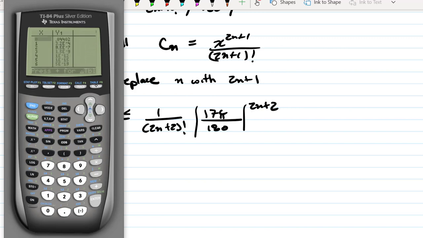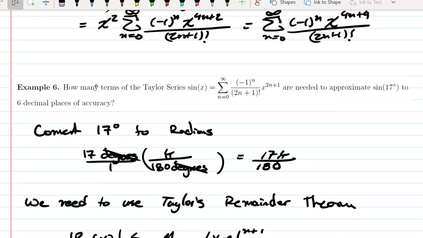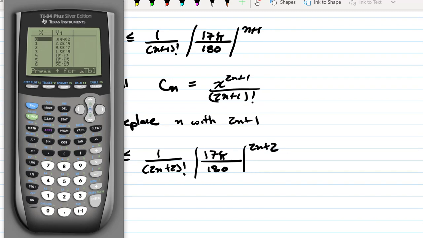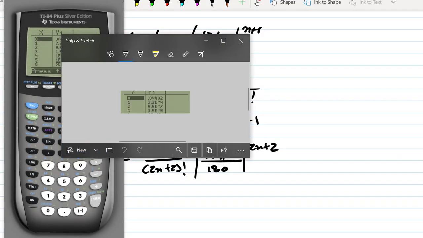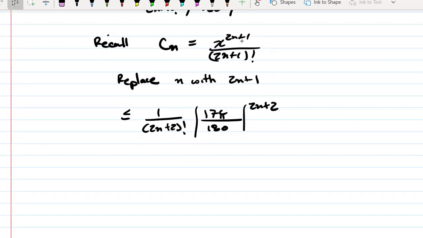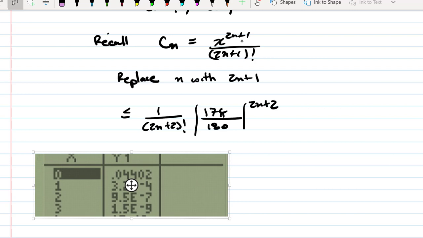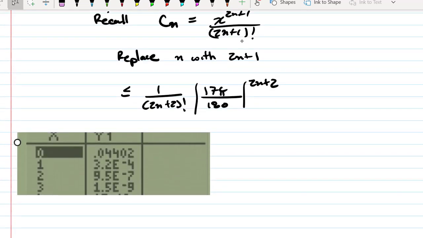Now we go second table. And we need our error to be less than 6 decimal places of accuracy. So it gives us these for our possible n values. So our remainder is going to be less than that.